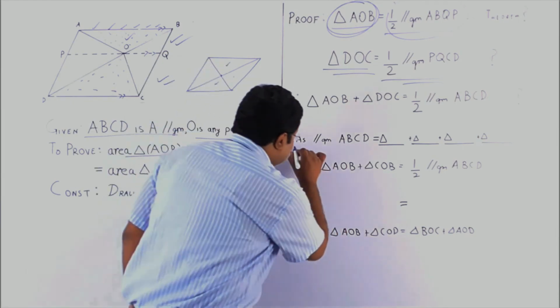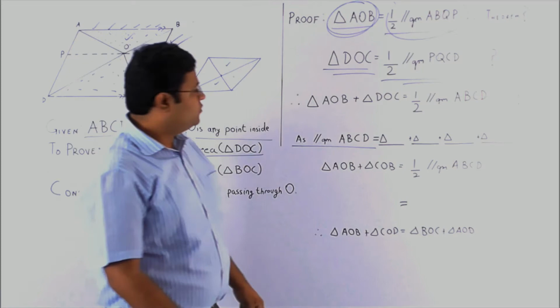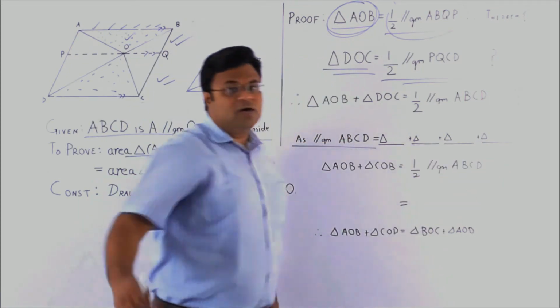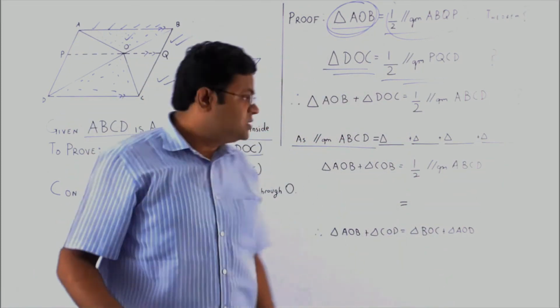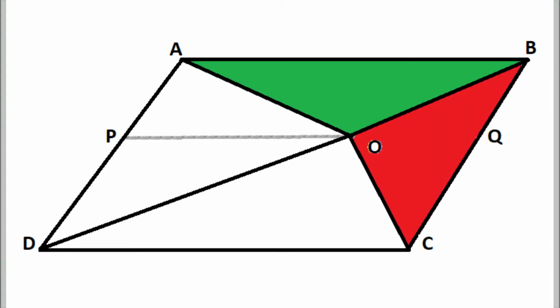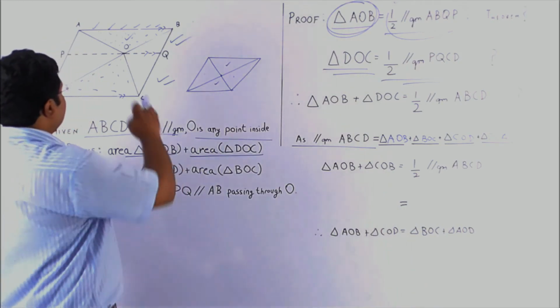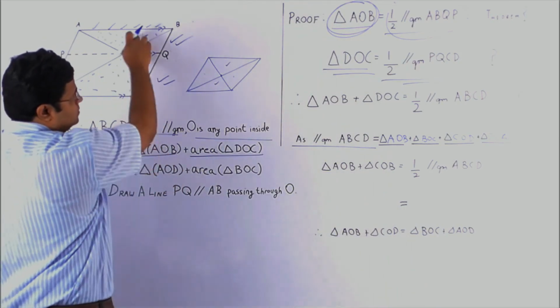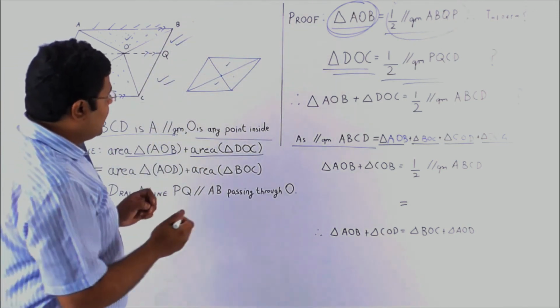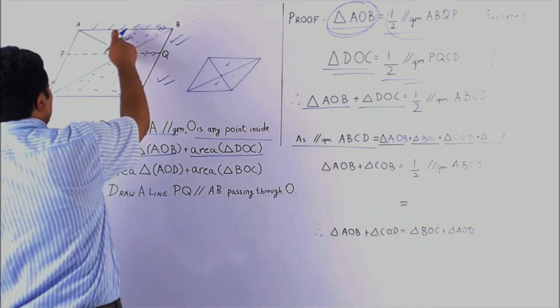Now take parallelogram ABCD. You can see that it consists of four triangles: triangle AOB, BOC, COD and DOA. Out of these four triangles, we have proved that triangle AOB plus DOC.